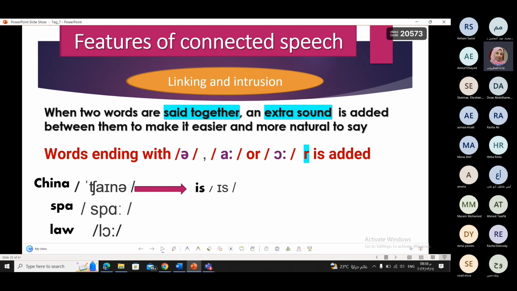So if we say China is the biggest country, for example, shall we say it like this? China is. Which sound is added? Which sound is intruded here?